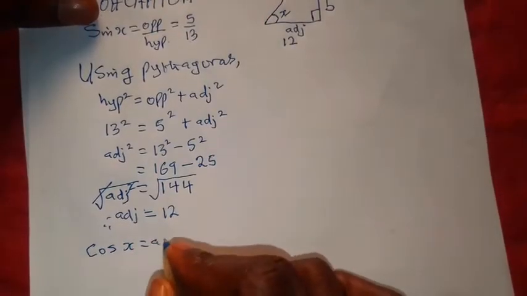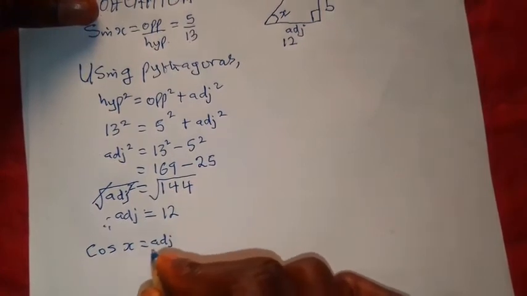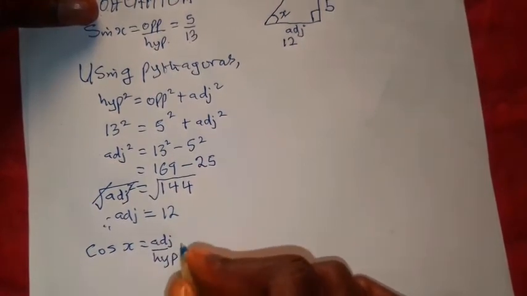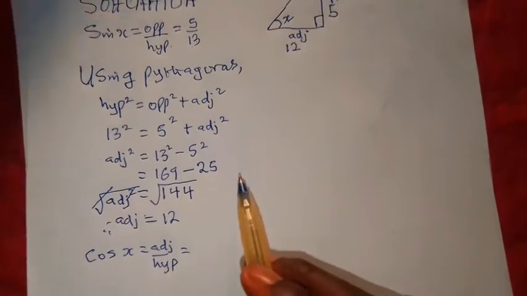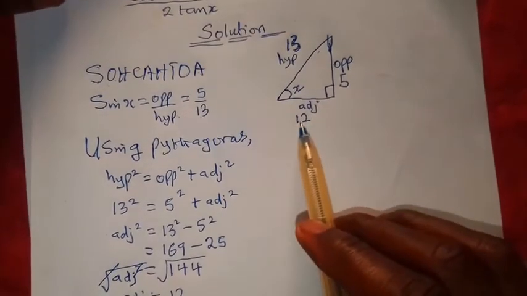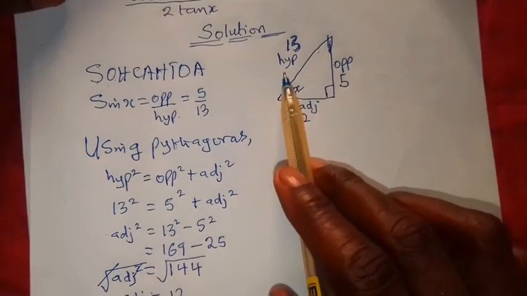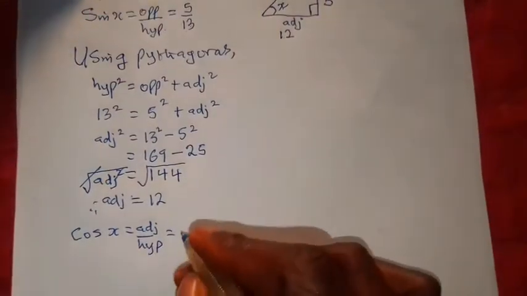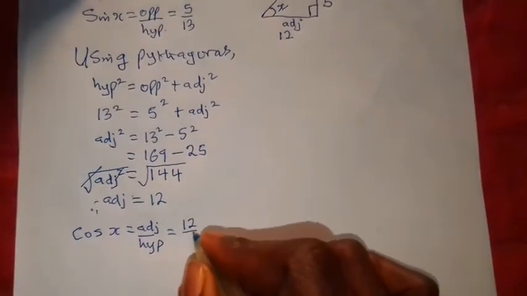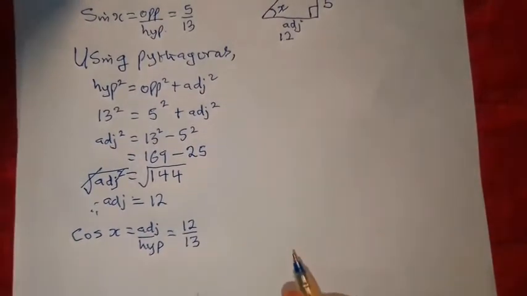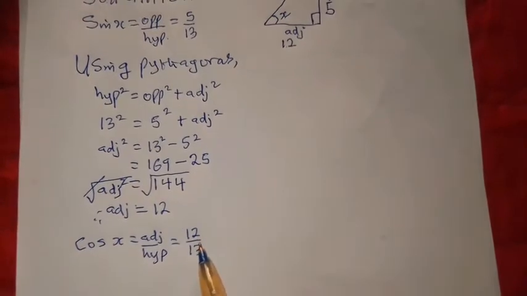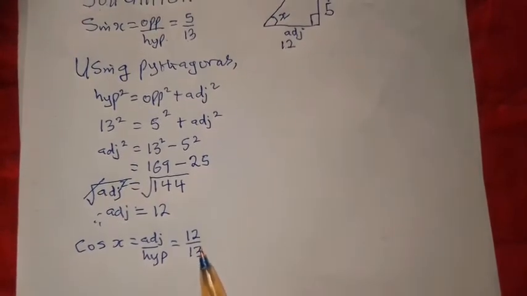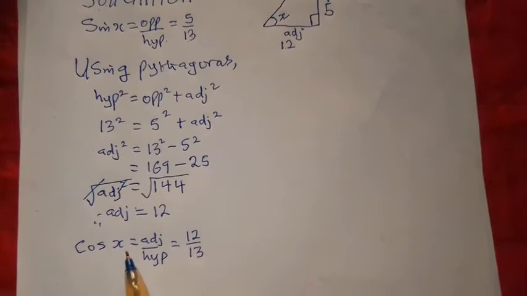So we write our adjacent upon hypotenuse. Our adjacent is 12 and our hypotenuse is 13. So we have 12 upon 13. Alright, so this is the value for the adjacent and hypotenuse, which gives us our cos x.